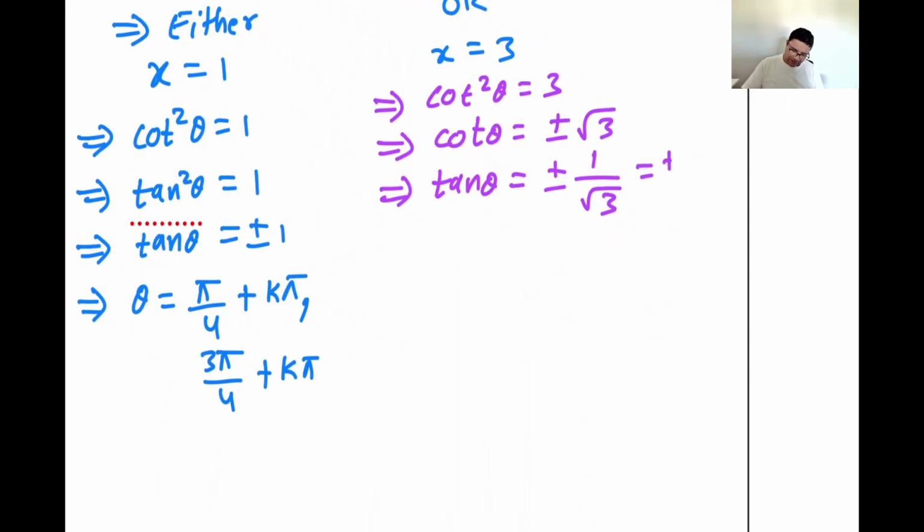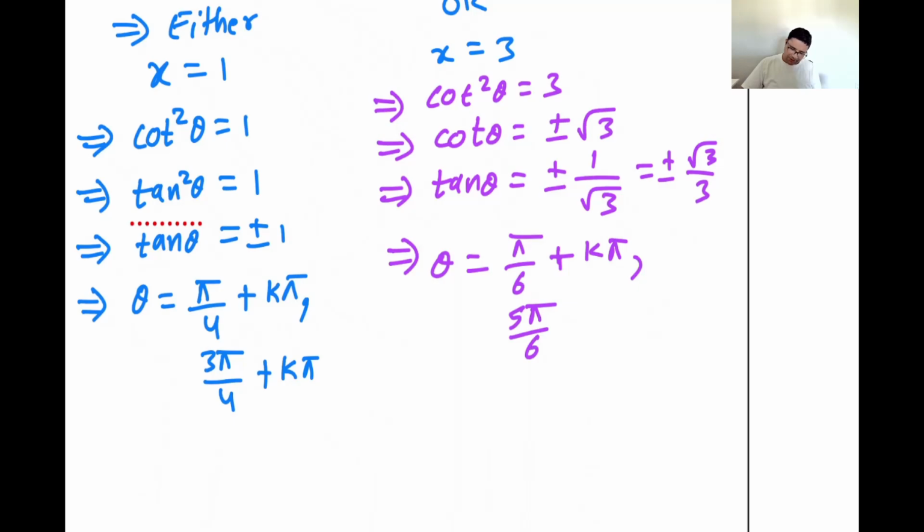Now you know that is root 3 over 3. The positive value is in the first quadrant, that is pi over 6, plus k pi. And if you take minus root 3 over 3, that is in the second quadrant, and that is 5 pi over 6 plus k pi.